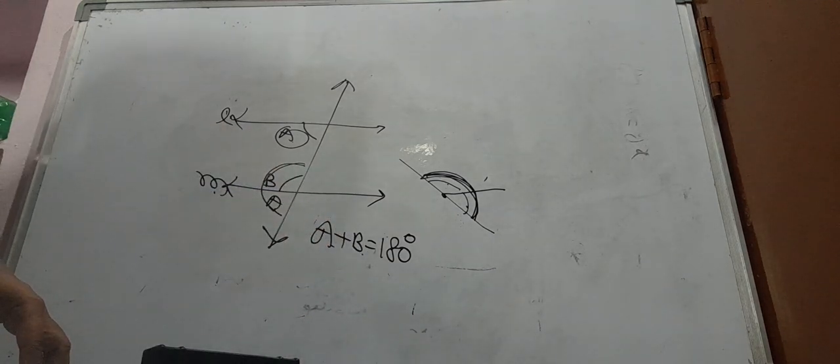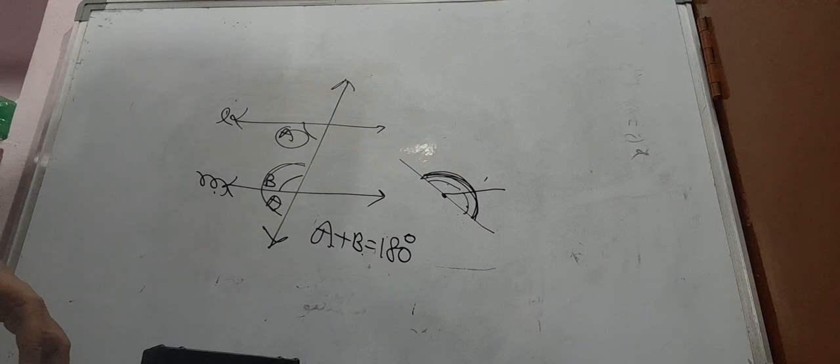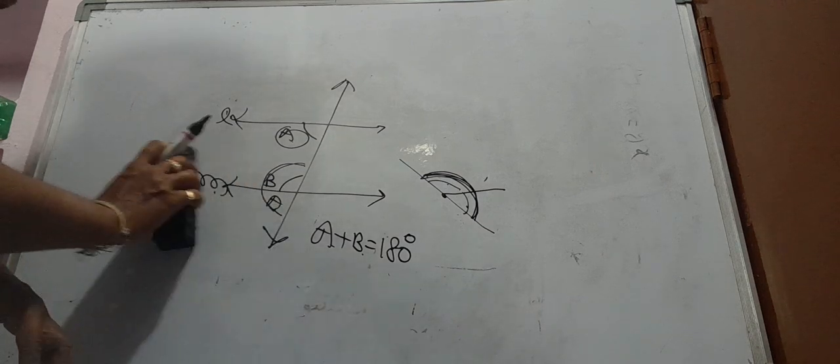So A is what I don't know, B is what I don't know, but I have shown you that A plus B is equal to 180 degrees. That is, these two are interior angles on the same side of the transversal, and they are supplementary.